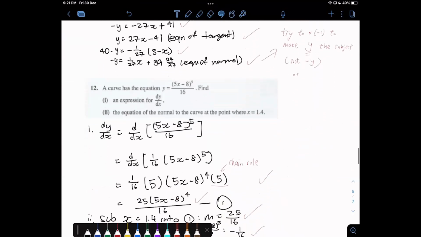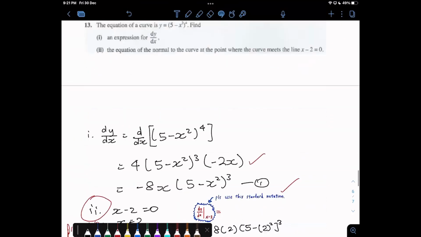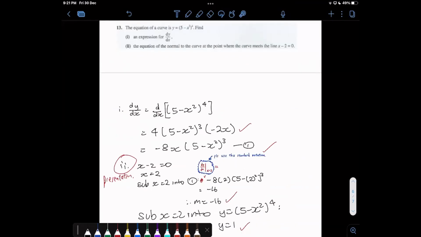Nothing wrong. Oh, presentation. It's just a small problem, but I want you to learn the notation. Equation of the normal to the curve, then you have to find the gradient of the tangent first. So here, after you sub x equal to 2 into equation 1, you're trying to find the gradient of the tangent.